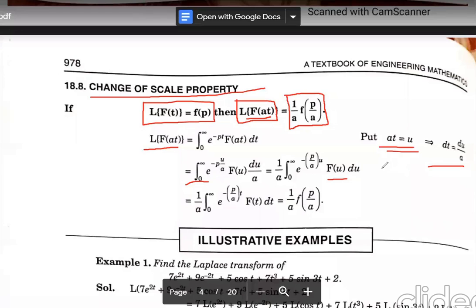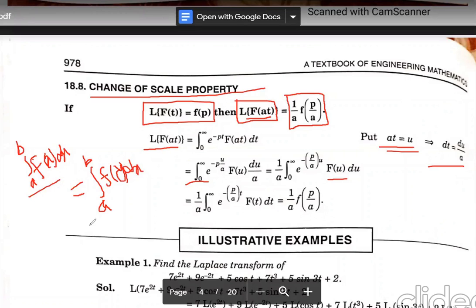So if you replace u by t, that means if you have integration a to b of f of x dx, and you change the variable x by another variable, say y, then the value of this integral and the value of that integral will remain the same.